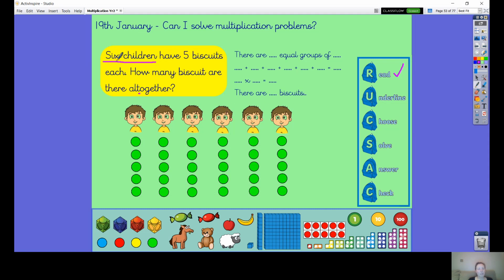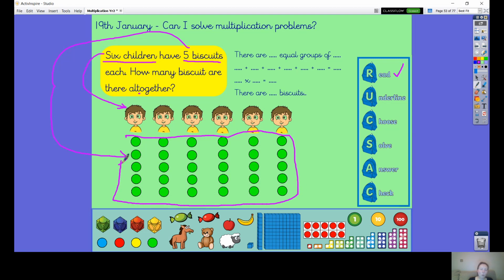Okay? 6 children have 5 biscuits, and I've given each child 5 biscuits. So here are my 6 children, and here are their biscuits that they've got. And we want to know how many biscuits they have all together.